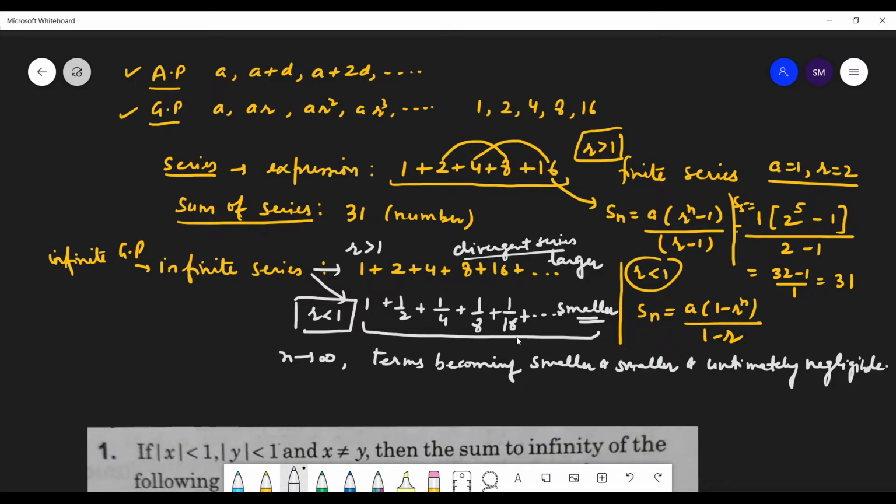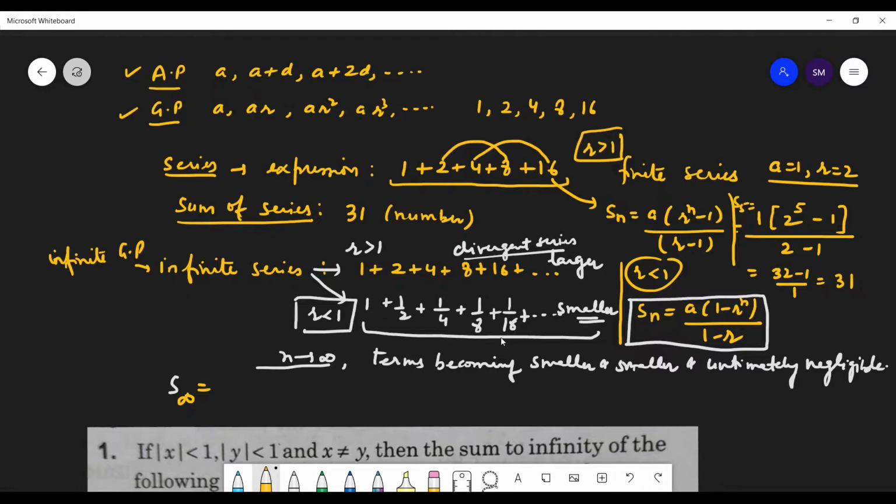So for them, we can write the expression from this formula Sn, where r is less than 1. So this formula we can further write as, when n tends to infinity, the sum to infinity.